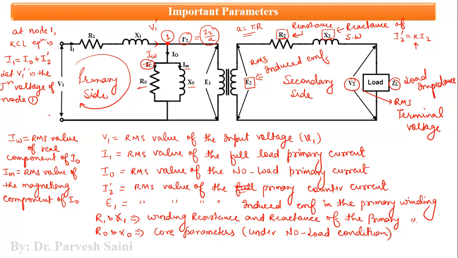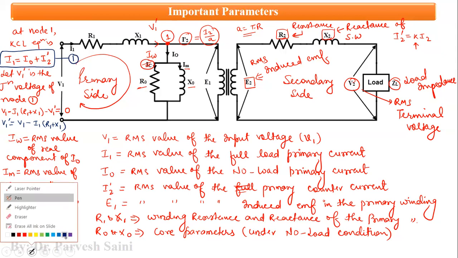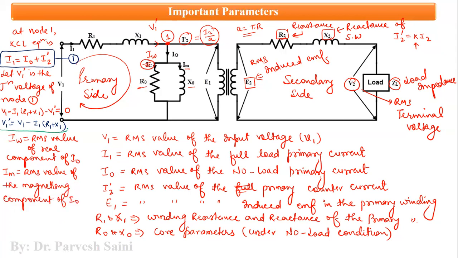So V1 minus I1 times (R1 plus jX1) minus V1 dash is equal to 0. From here we have V1 dash equal to V1 minus I1 (R1 plus jX1). Let this be equation number 1, and this equation number 2. We will need all these equations while drawing the phasor diagram.